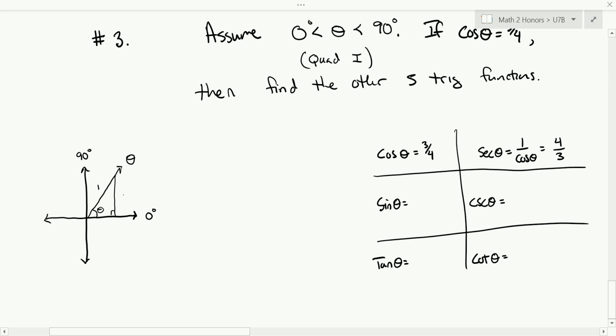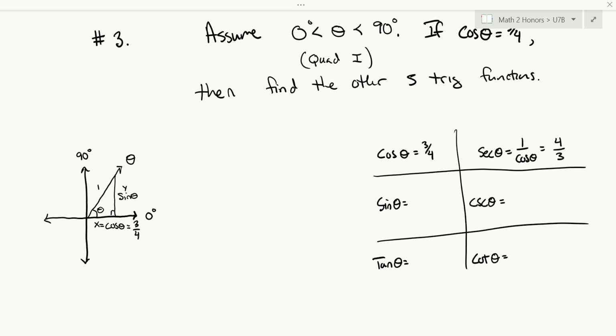And the length here is the sine of theta, which is our y value. And our x value is the cosine of theta. So that's from our definition and what we know with our picture. And we're given that the cosine of theta is 3/4, so I'm going to put that in my picture too. So I have a right triangle here. I know the hypotenuse, I know the base is 3/4. I just have one missing side, and if I find that missing side, I get the sine.